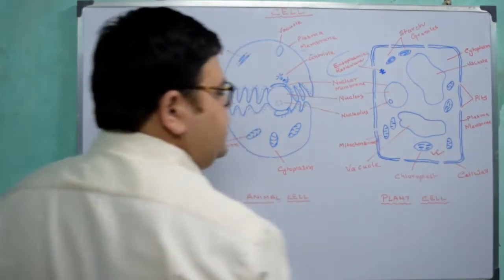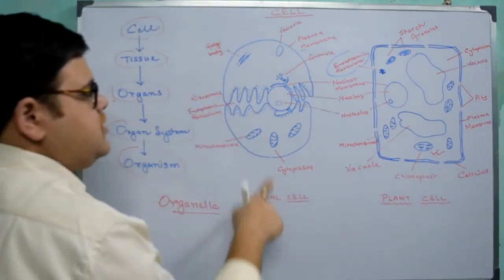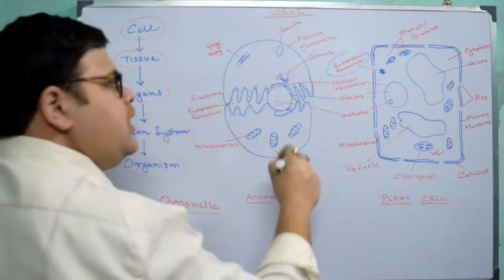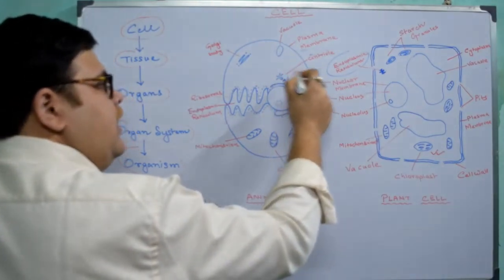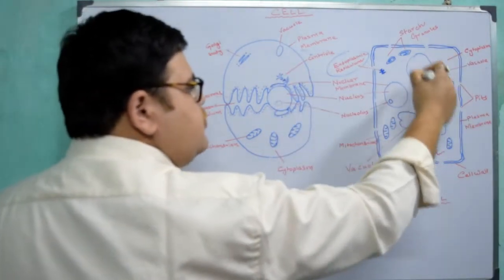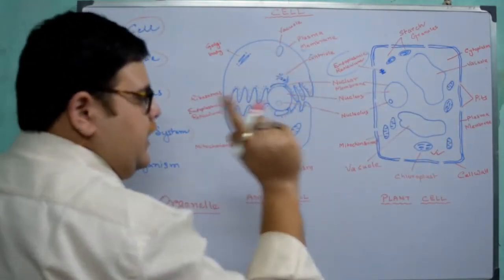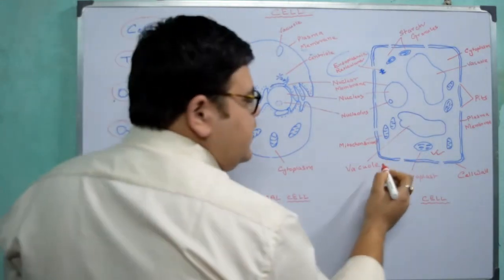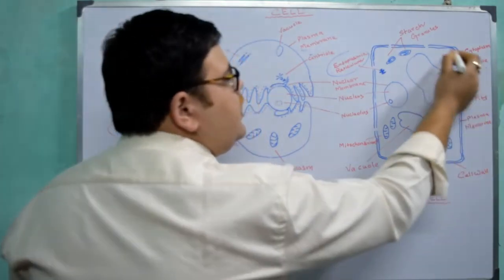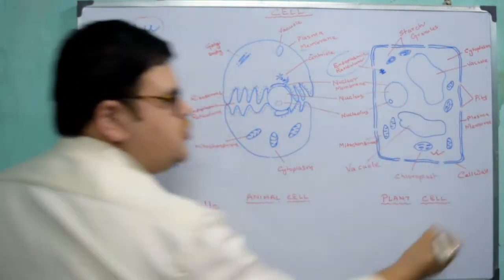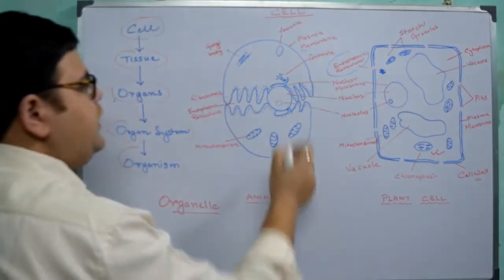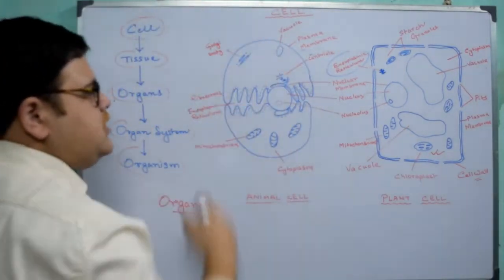Chloroplast is only present in plant cell, but not in animal cell. In plant cell the vacuole is very big, but in animal cell it is very small. Plant cell has a layer of membrane known as cell wall, but in animal cell no cell wall is found.